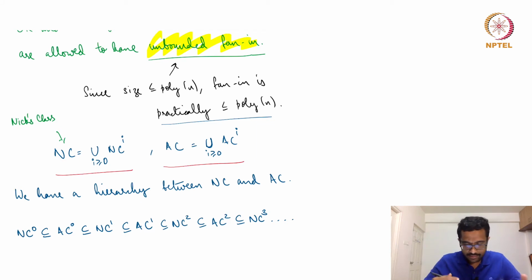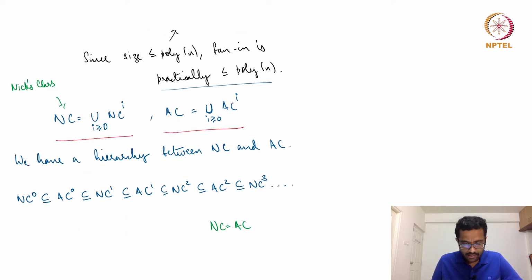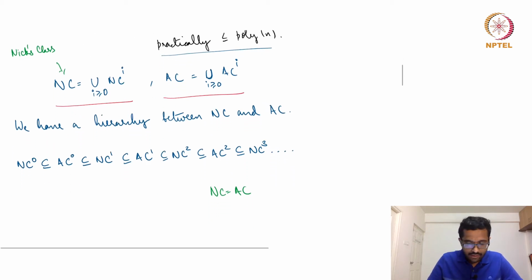So they did this kind of mutual friendship, fun thing during that time. AC does not stand for a name, it stands for alternating class, because it corresponds to an alternating Turing machine class. So that does not have an interesting story like Steve's class and Nick's class. And we will not be seeing Steve's class during this course.